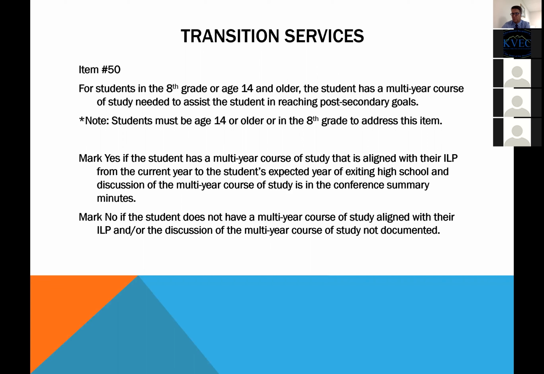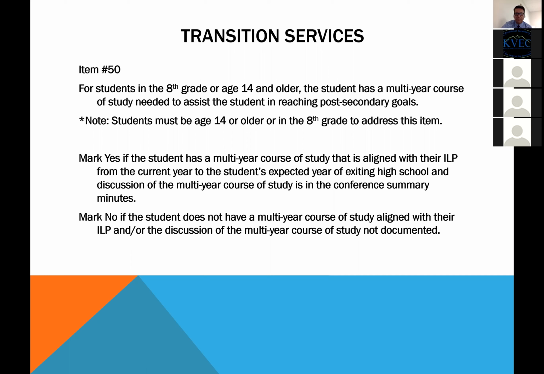So we're going to mark yes if we do have that multi-year course of study. It can either be in the IEP or it can be attached to the IEP. It's easier to just do it in the IEP, and you won't have to do that separately. We have to make sure we don't put the word electives in there either, or leave blanks. We have to have the number of credits.